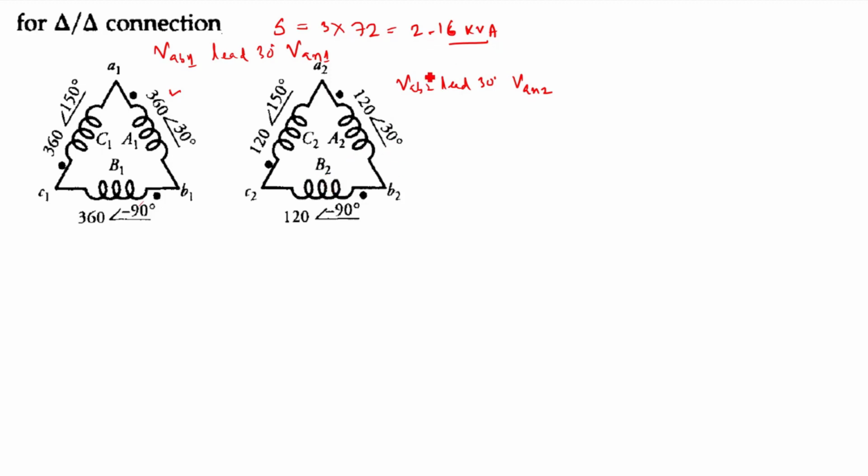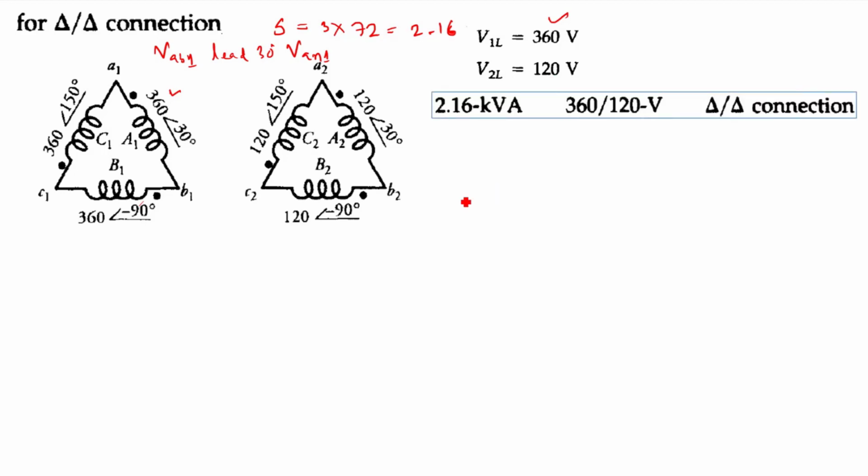Now here you can see the nominal voltages. The nominal voltages across primary will be 360 volt, because phase voltage and line voltage magnitudes will be the same. So your V1L, the primary side nominal voltage, will become 360 volt, and your secondary side nominal voltage will become 120 volt, right?